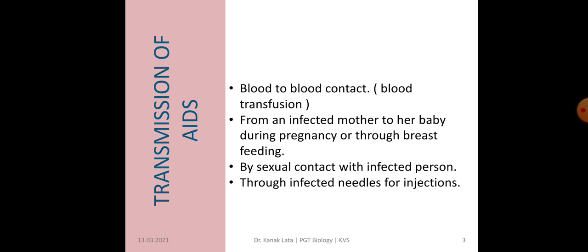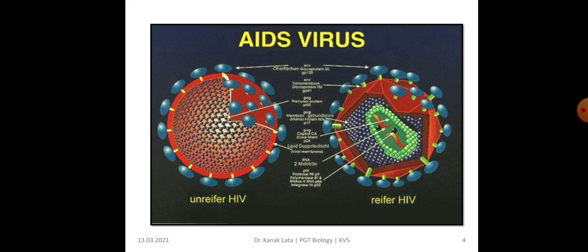Next is from an infected mother to her baby during pregnancy or through breastfeeding. Again, by sexual contact with an infected person. AIDS may also spread through infected needles during injection. Here you can see the AIDS virus.